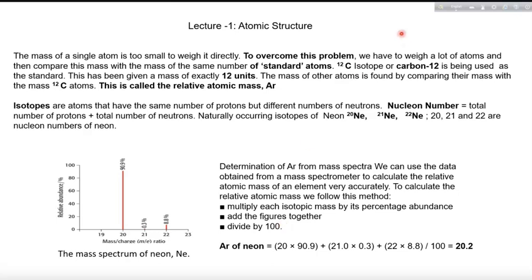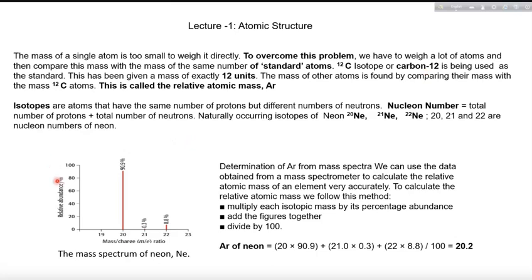Carbon 12 is a carbon isotope, and we can also write carbon 12 like this, saying that the carbon 12 isotope is used as the standard for mass. This carbon 12 isotope has exactly 12 units of mass. So the mass of other atoms is found by comparing with the mass of carbon 12, and that is what we call relative atomic mass.